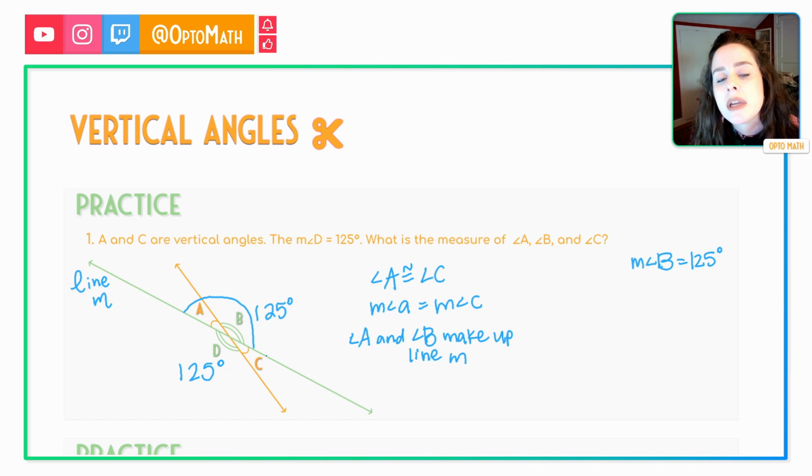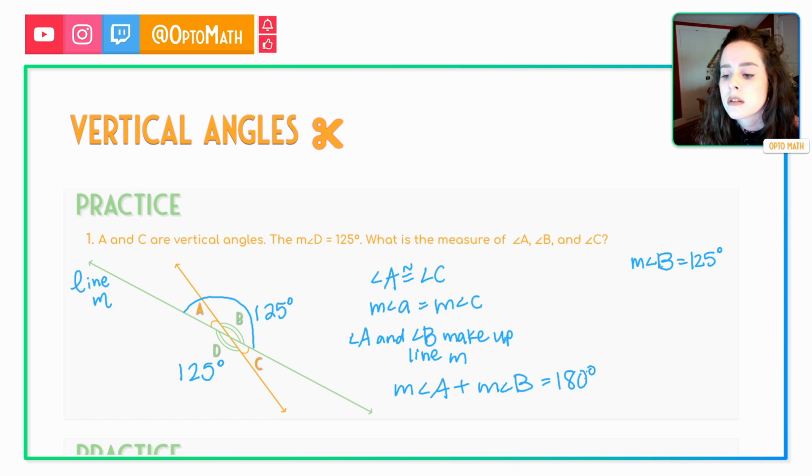A linear pair means that they sum to 180 degrees, also known as they are supplementary angles. So that's another thing we know. The measure of angle A plus the measure of angle B is 180 degrees.